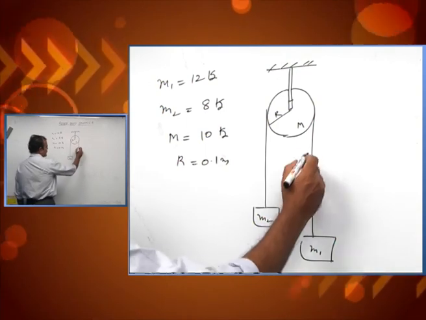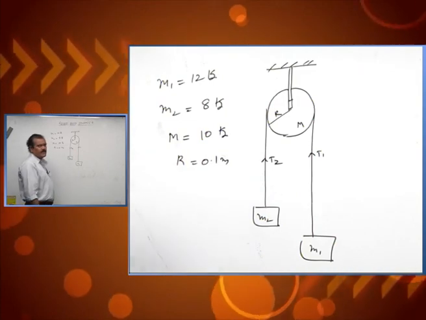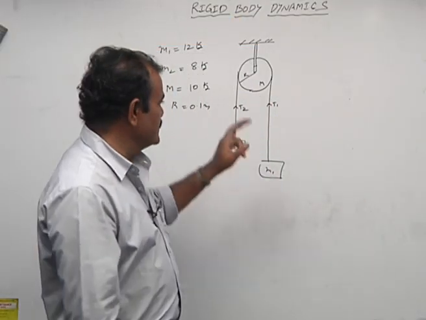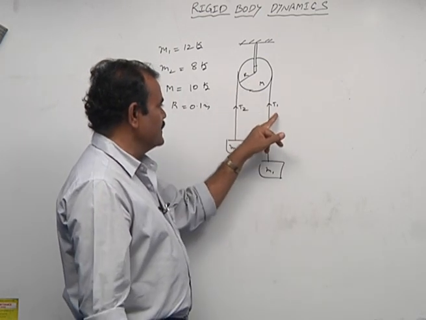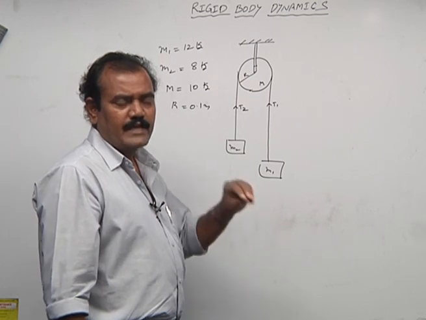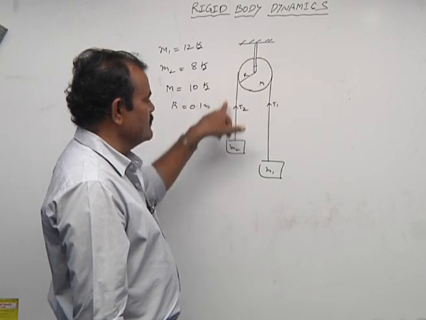Now definitely the tensions will be different, T1 here and T2 here. Why? Because here the mass of the pulley is considered. When you are not considering the mass of the pulley, then the tensions will be the same for the same string. In Newton's laws of motion, we did not take two different tensions for the same string.